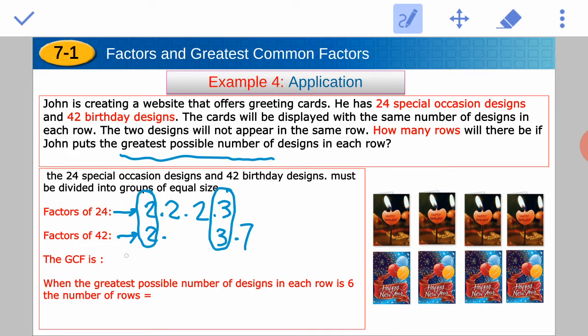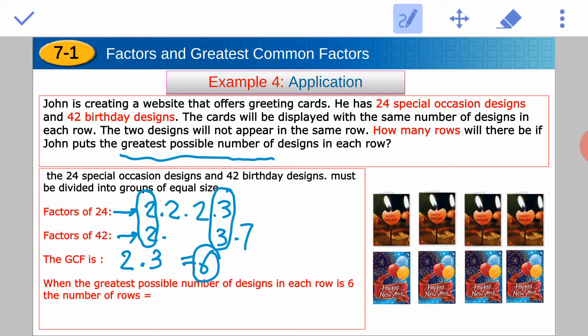From this pair we have 2 times, from that pair we have 3. The GCF is the product of 2 times 3 equals 6. So the GCF of these two numbers equals 6. It means in this website, each row has to be 6 designs. 6 designs in each row.